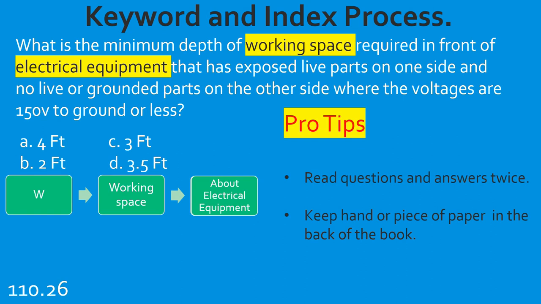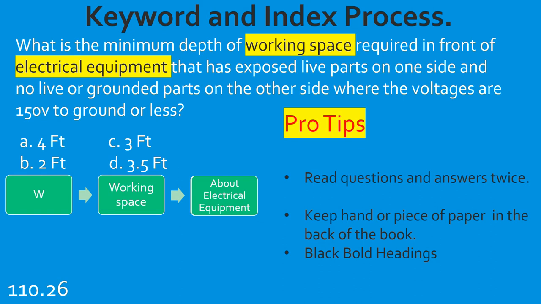So the first thing we do anytime we get to a specific section is we read the black bold headings. Everything that we're doing, we are deciding whether or not to invest the time in reading the paragraph. You do not have the time when you are actually testing to read a bunch of paragraphs that don't have anything to do with your question.